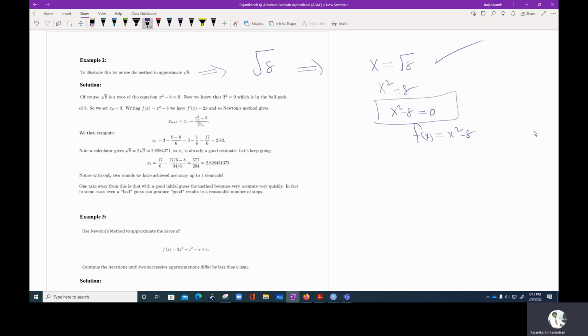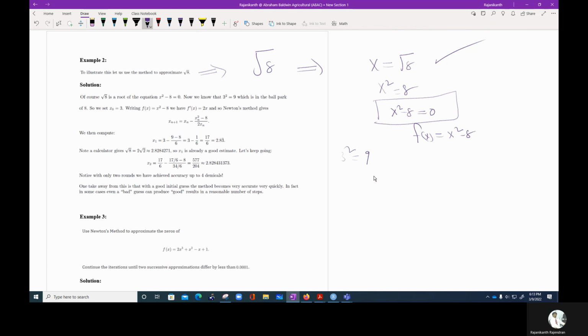Okay? In order to get the square root 8 answer, your function f(x) is supposed to be x squared minus 8. Now, use the Newton iteration to find the possible values. Okay? So look at the work. We know 3 squared is 9, right?